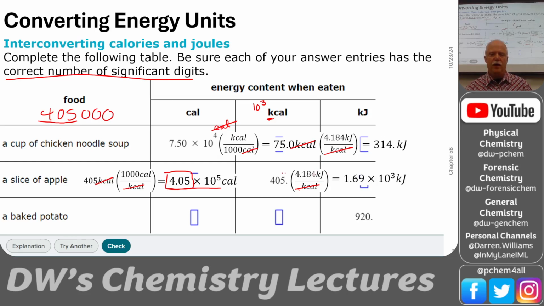So again, 1.69 times 10 to the 3 kilojoules. Another example where it would be impossible to communicate the significant figures. If I wanted to write 1690, I could not communicate that those were my significant figures and that 0 is extra.